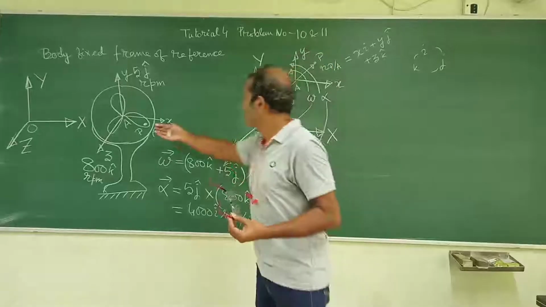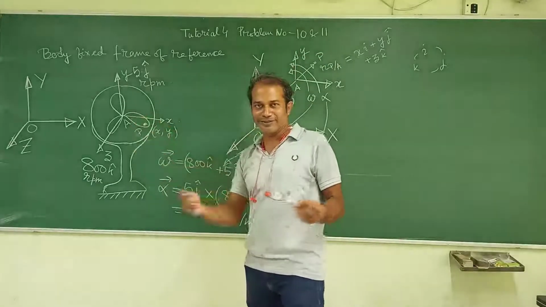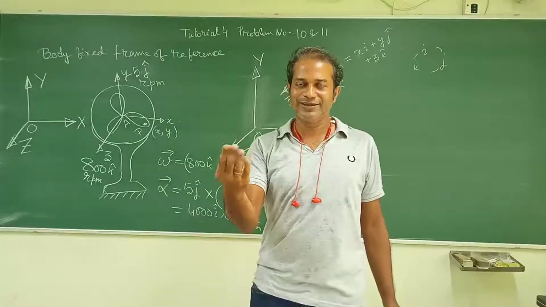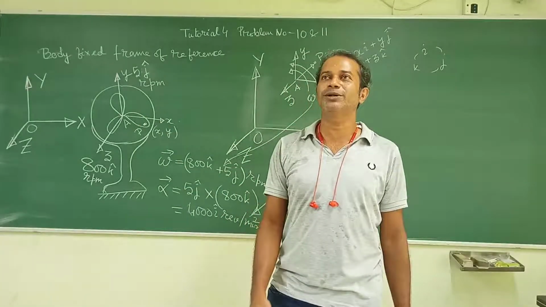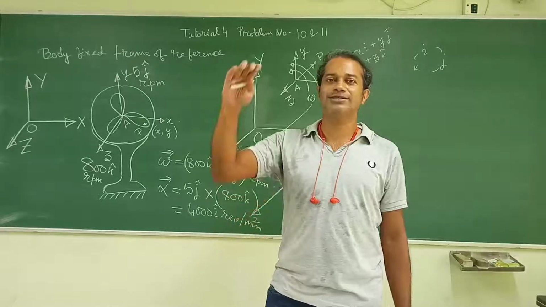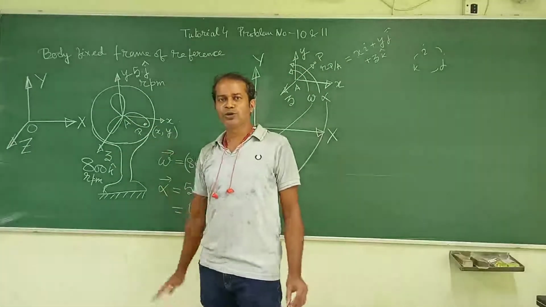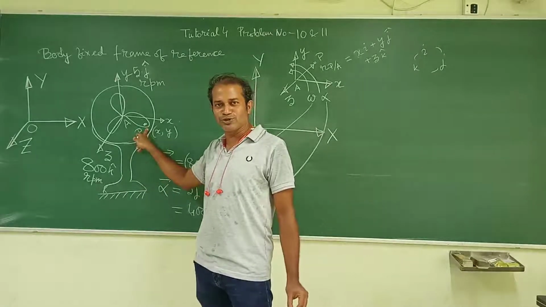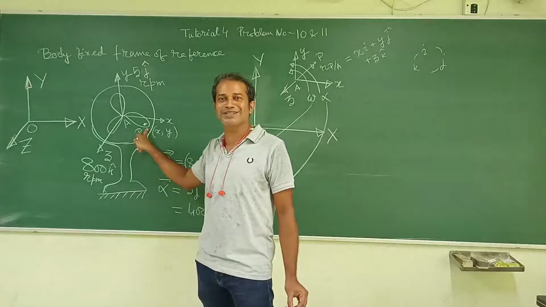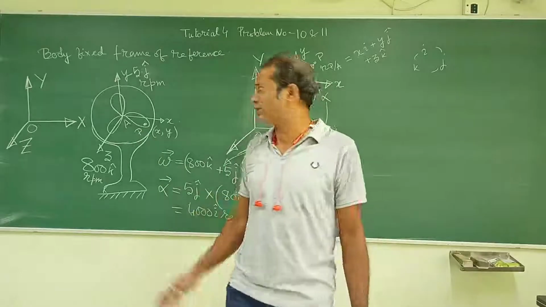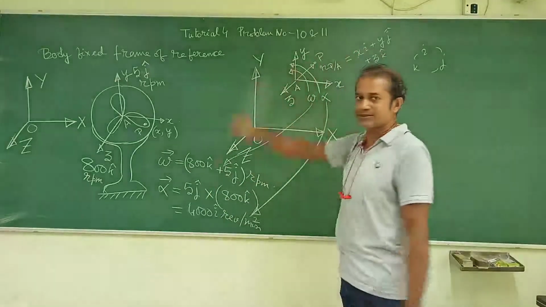You don't know what the point is. If you look carefully at the blade, you are going to see that it is somewhat bent. So from the center, you don't know where this point is going to be. Though it appears to be in the same plane, it cannot be in the same plane. That is why I made it a general point like this.